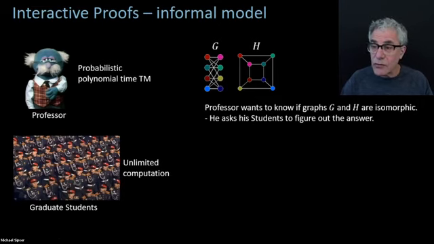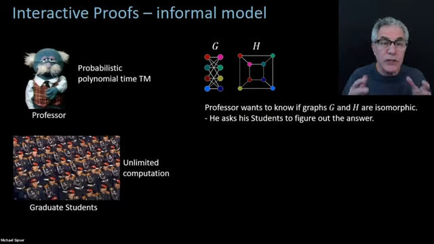The professor knows that students, well, in the old days, they liked to party. I guess these days they like to play computer games a lot. And so they're not really that eager to spend all their time figuring out whether graphs are isomorphic. So he's worried that the students will just come up with some answer and figure that he won't be able to tell the difference.